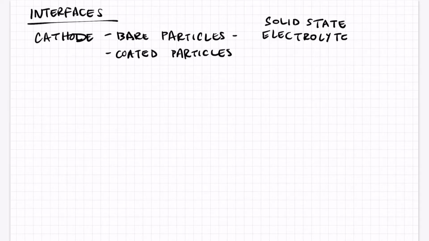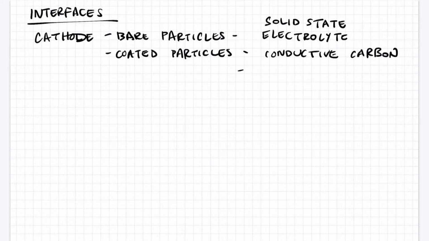So these coated particles also interact with the solid state electrolyte. If you're making a composite, they're also going to interact with the conductive carbon, so that's an interface that we have to care about. And then also the current collector.